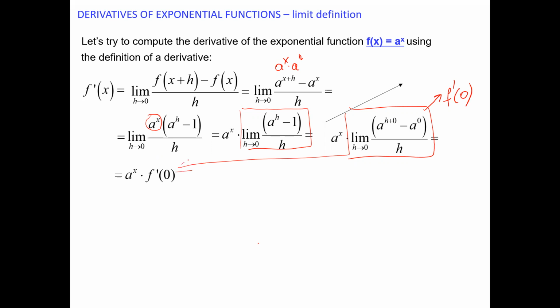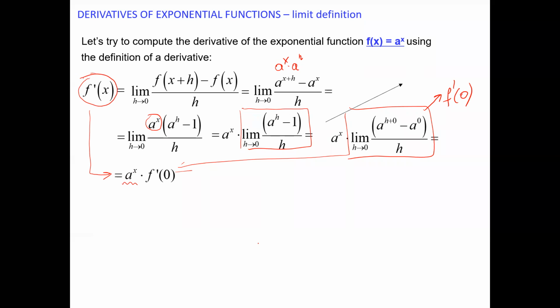But we still don't know it, because ironically the derivative of the function a to the x is defined in terms of the derivative at 0. We're still missing that formula. But also what is interesting, the derivative, which is what we're looking for, is going to be proportional to the function itself.